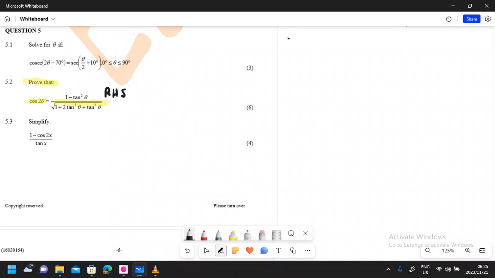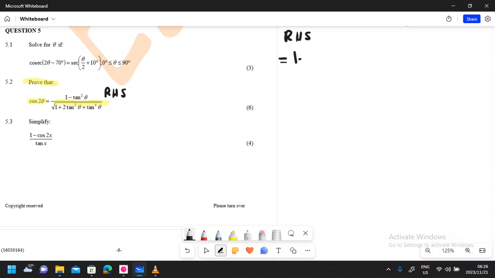So let's do the right hand side here. Okay, let's take the right hand side. Let me just rewrite it so that we can solve it nicely.